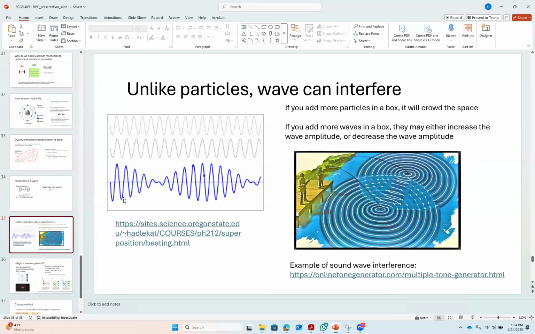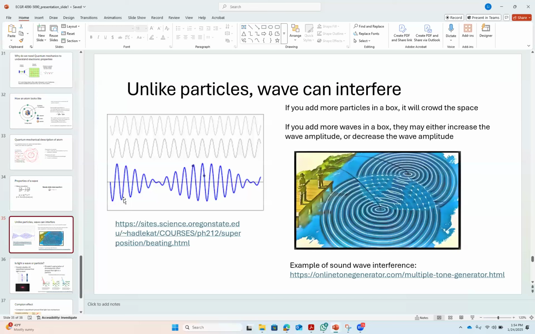So I will give you an example where you can see the behavior of a wave. One example is water waves. If you have two objects dropped on the water surface, they create concentric circles, and they start to interfere with each other and create this beautiful interference pattern.